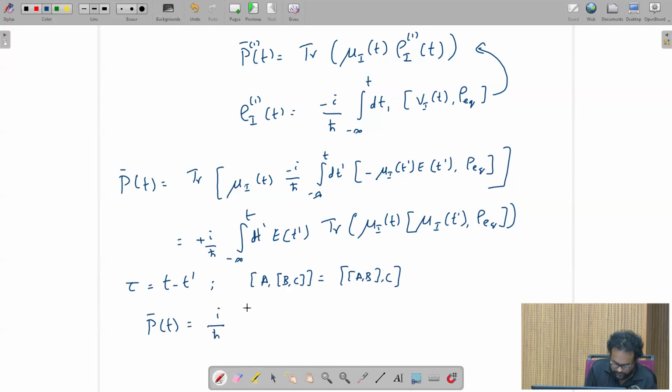So P1 of t is I over h cross, integral from 0 to infinity d tau, E of t minus tau, trace of mu I of tau mu I of 0 times the density matrix.